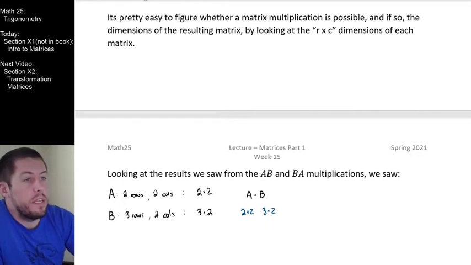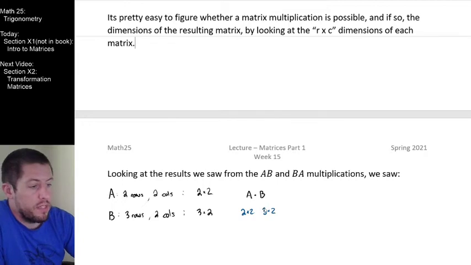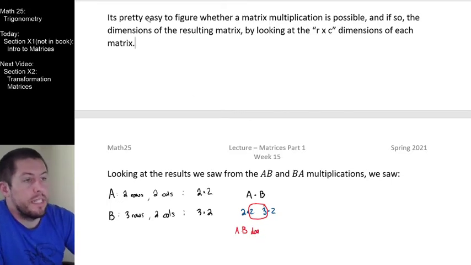The reason this isn't going to work out, here's your super easy check for yourself: these two dimensions need to match. The inner two, when you write them in the order that you're doing your multiplication. AB isn't defined because the inner two dimensions are not equal when you write them in the correct order.